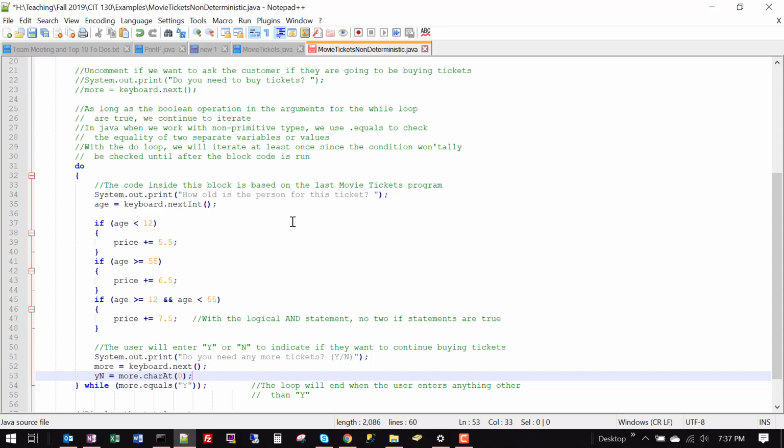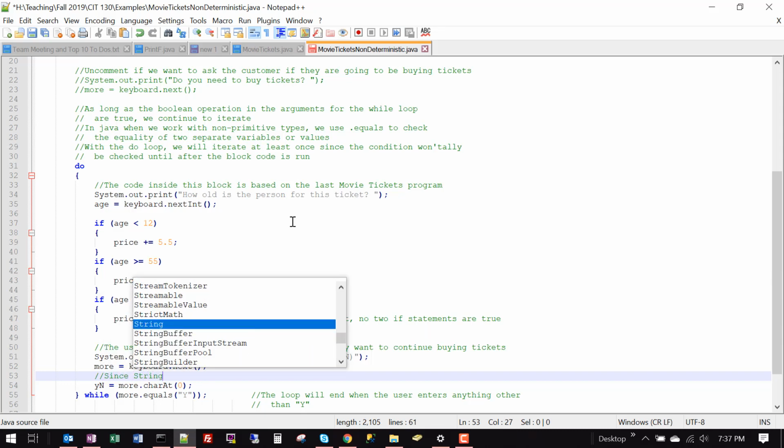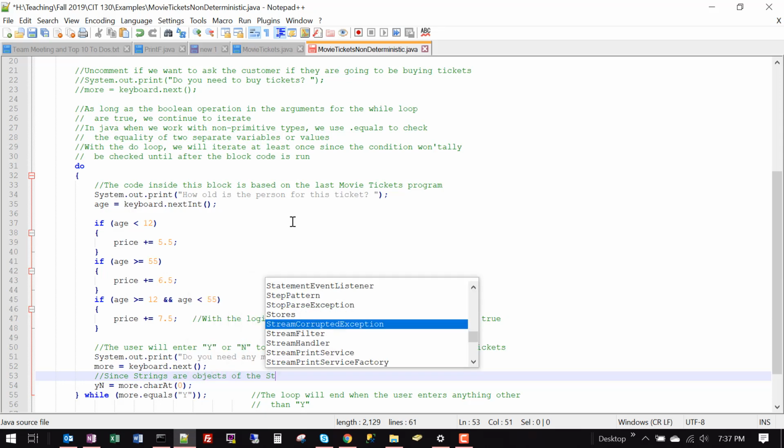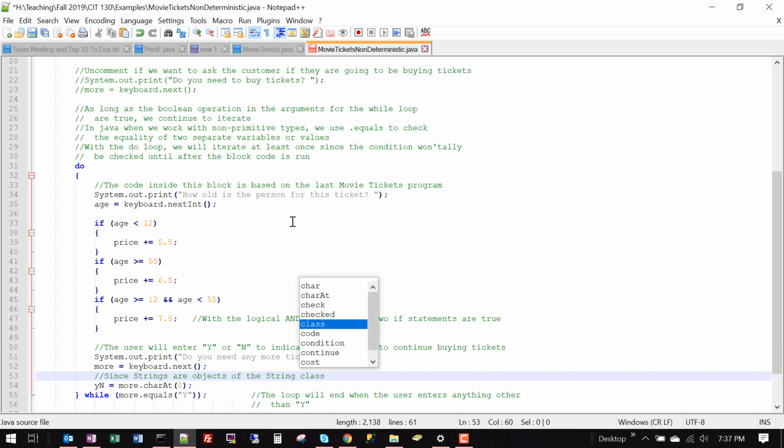So what is this? What have I just done? The first thing I want to say is, since strings are objects of the String class, we can call methods on them.